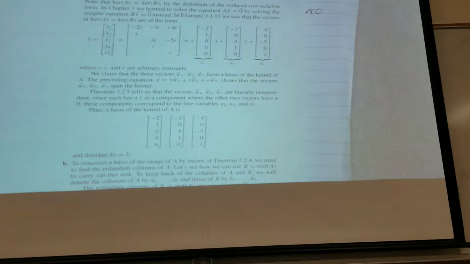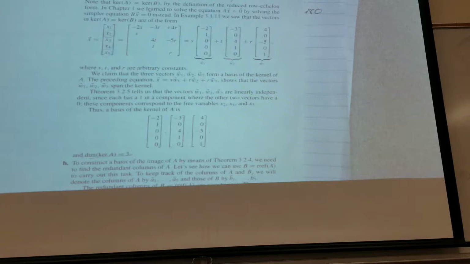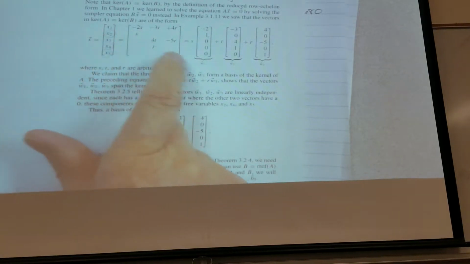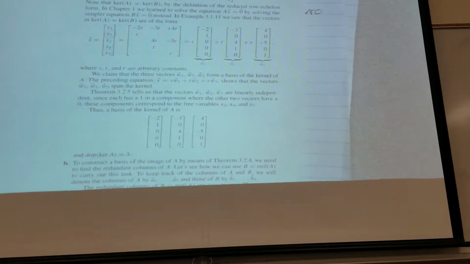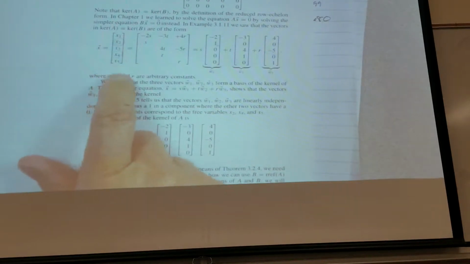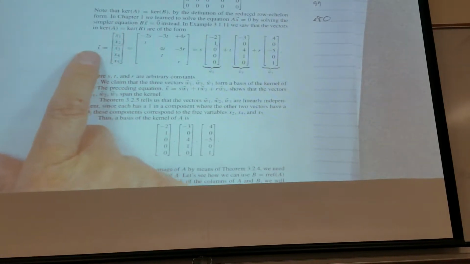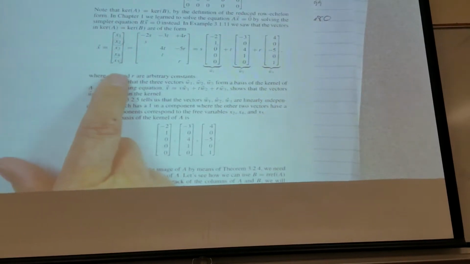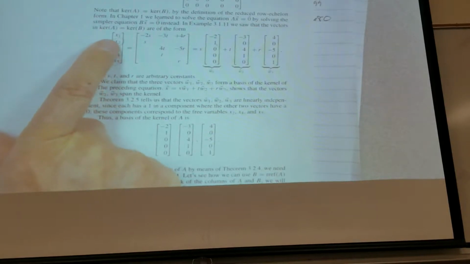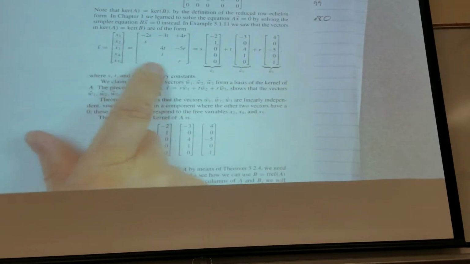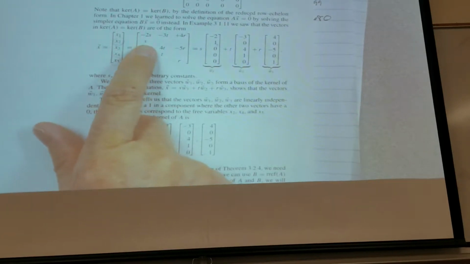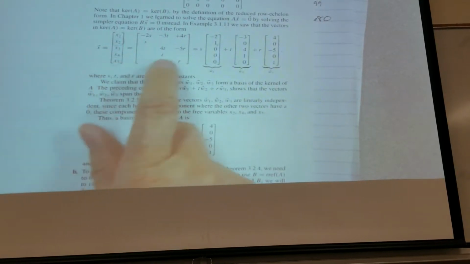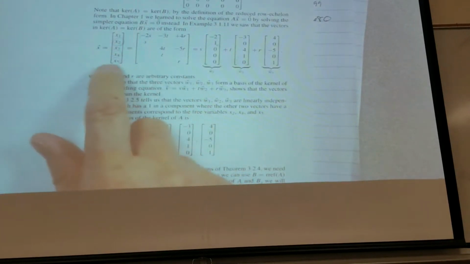How many free variables? These 3 variables are called S, T, and R. Look at this vector whose components are x1, x2, x3, x4, x5. The 2nd, 4th, and 5th are already known: S for x2, T for x4, R for x5.